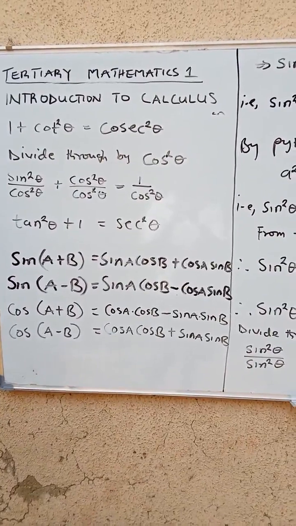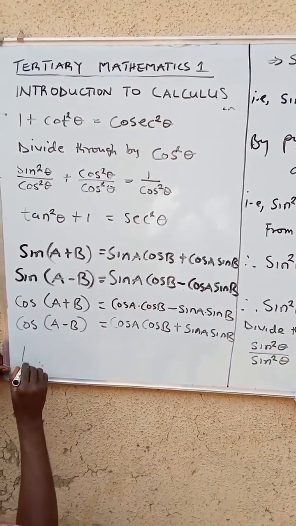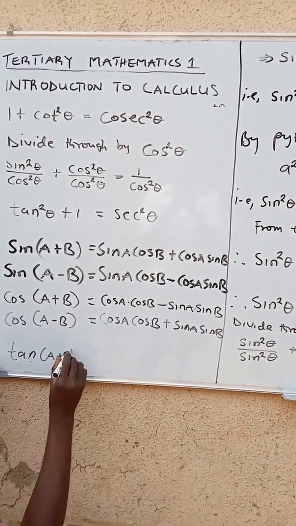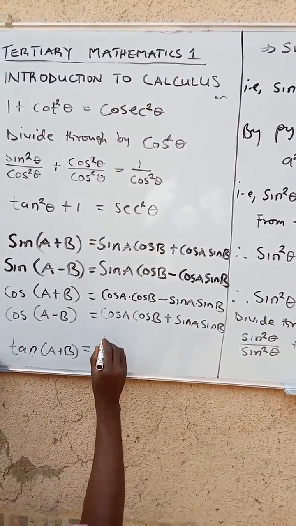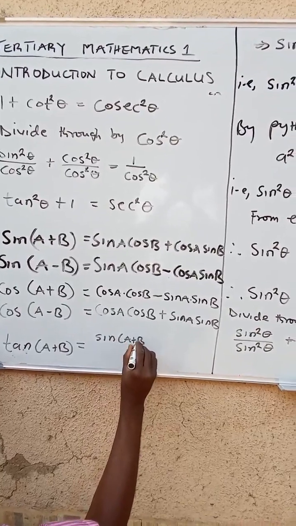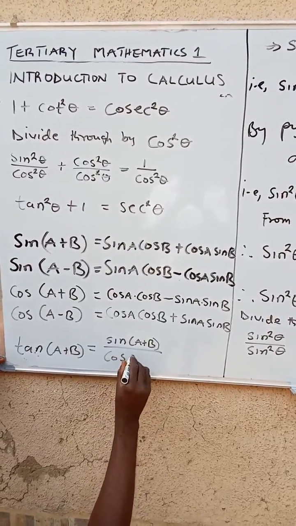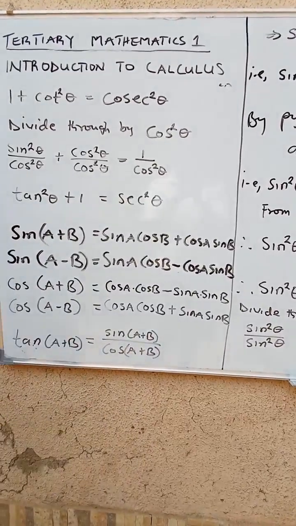From the beginning, we say that tan A plus B says the same thing as sin A plus B over cos A plus B. Please listen attentively.